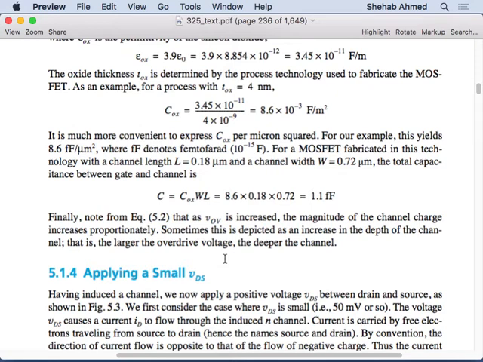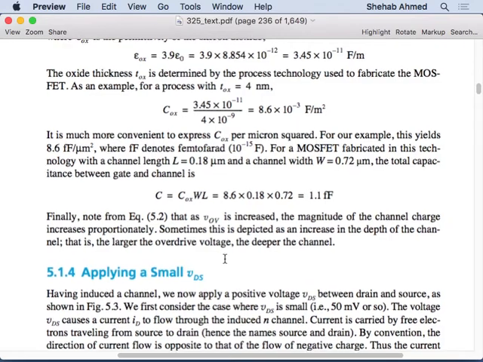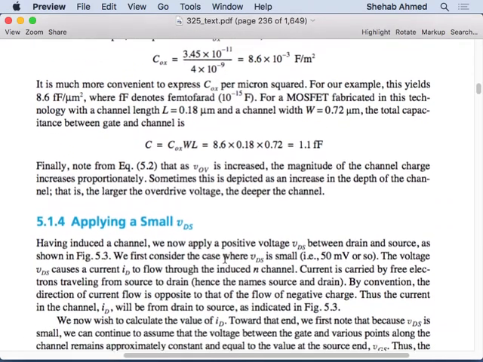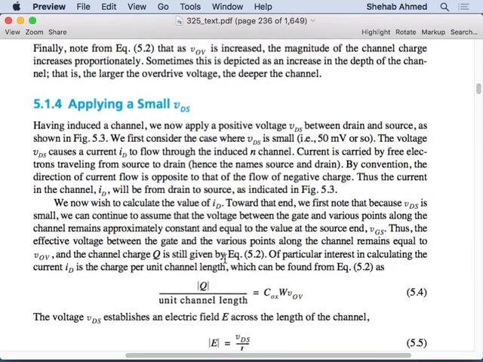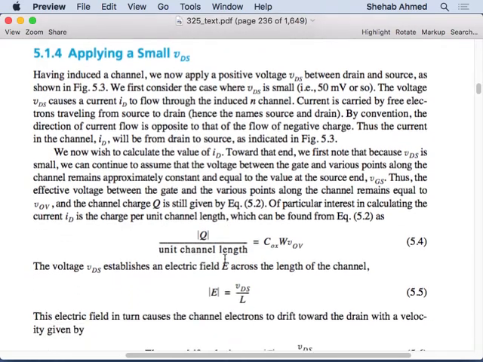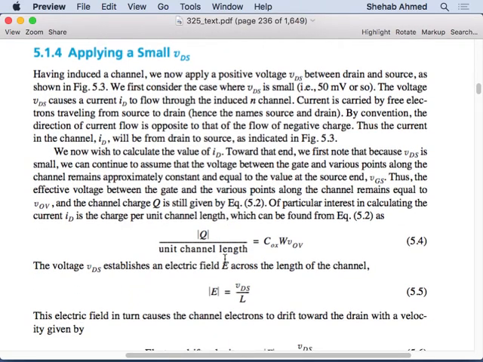Since it's a process-dependent parameter, let's continue. So now we've figured out how much charge we can store, right? Now we said we can also apply the drain to source voltage. I explained how to apply the drain to source voltage, and that's going to cause the charge to drift, right?